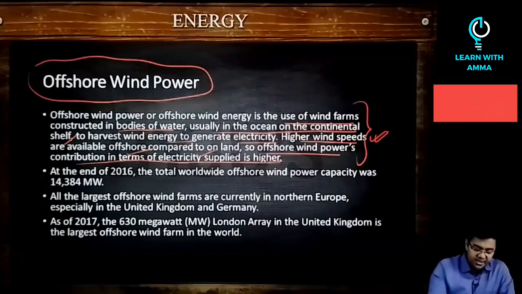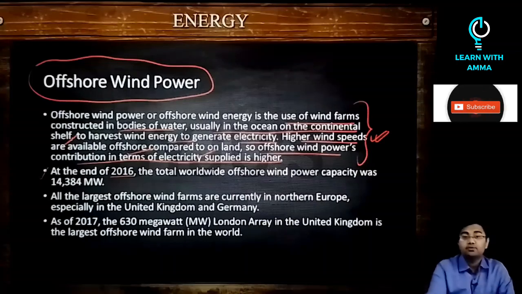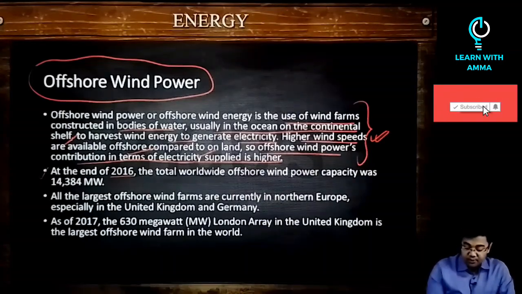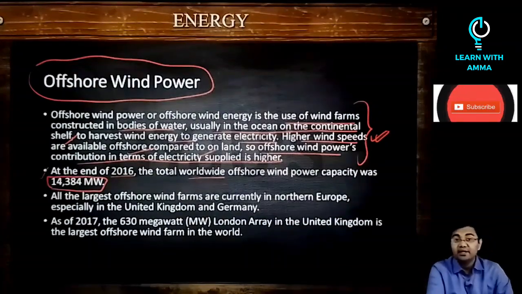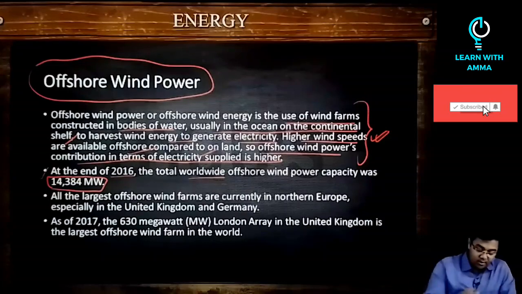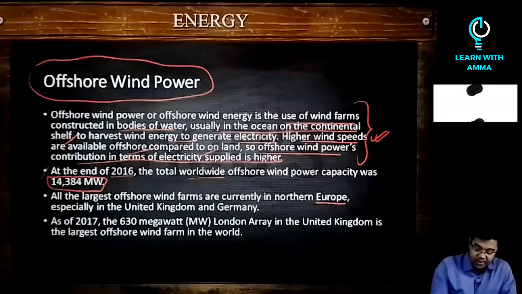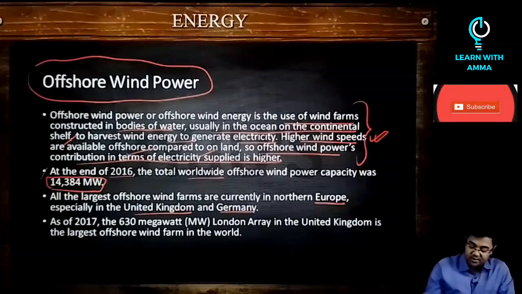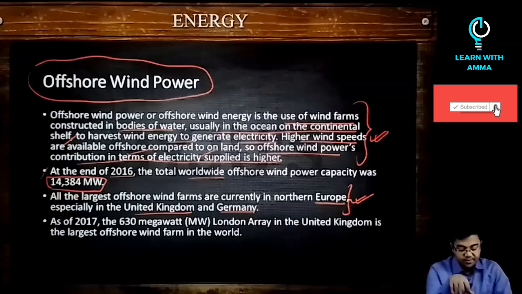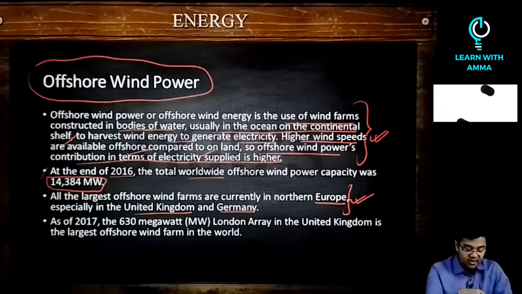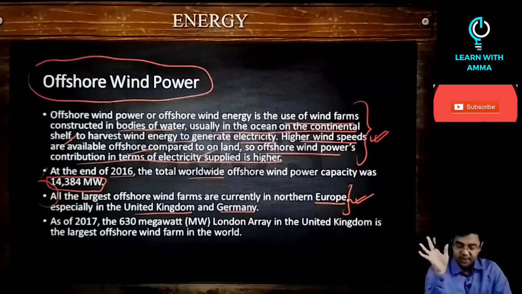As an estimate, at the end of 2016, the total worldwide offshore wind power capacity was 14,384 megawatt. All the largest offshore wind farms are currently in Europe, the United Kingdom and Germany. So these are the three areas, Northern Europe, United Kingdom and Germany, which have the largest offshore wind farms in the world.